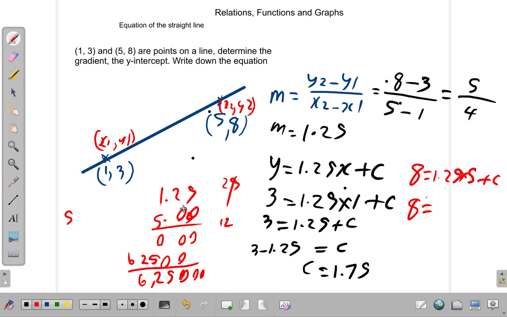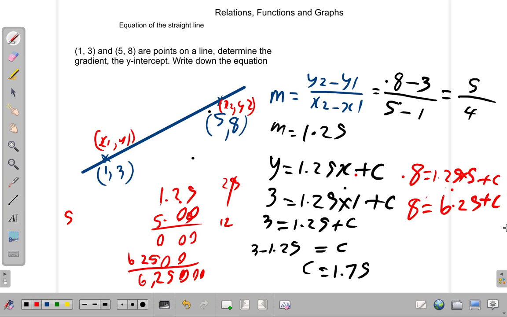So all right, we have 6.25 here. Now what we're going to do next, so you have 6.25 plus c. Nice. That's 6.25 plus c right there.